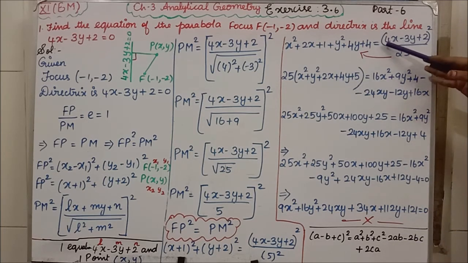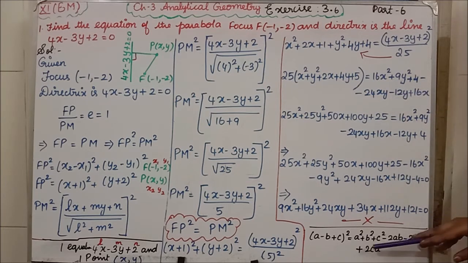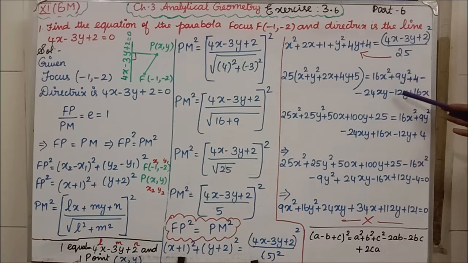So 2 into 4 into minus 3. 2 into 4 is what? 8. 8 times 3 is 24. So minus 24xy. Then minus 2 into b into c. So minus 2 into 3 is minus 6y, into 2 is what? 6 2s are 12. So I have written here minus 12y. Plus 2ca. 2 2s are 4, 4 4s are 16, so plus 16x.